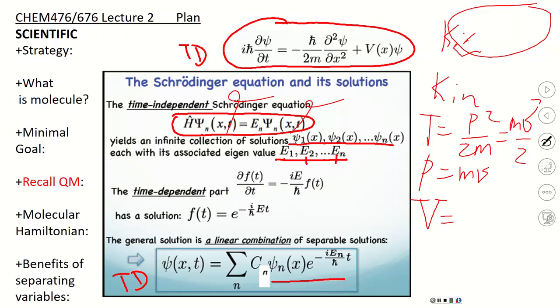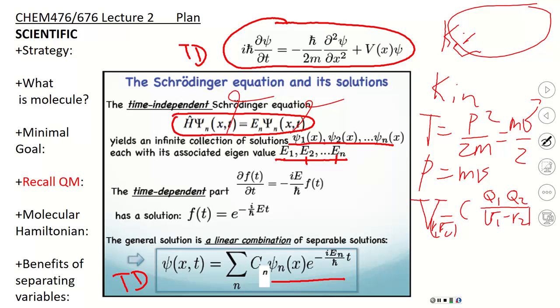So if you have charge 1, charge 2, and distance, like R1 minus R2, with some constant, it will be V as a function of R1 and R2: charge and distance between them.